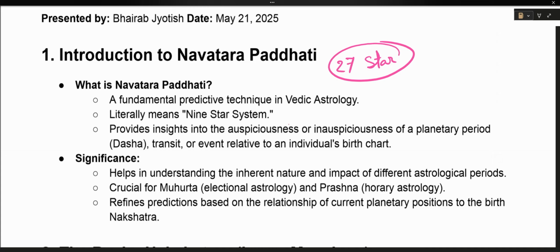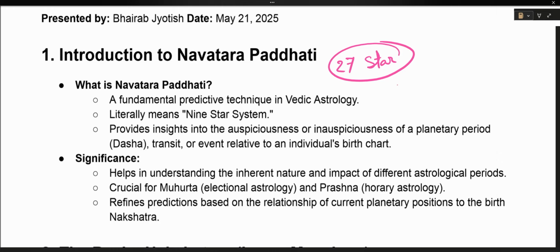This method gives the auspiciousness or inauspiciousness of a planetary period or dasa or transit or event relative to an individual's birth chart. So based on your birth chart you can predict the future. Suppose it is the Mars period, the Mars dasa. A sub period is sometimes called the bhukti, in South India.